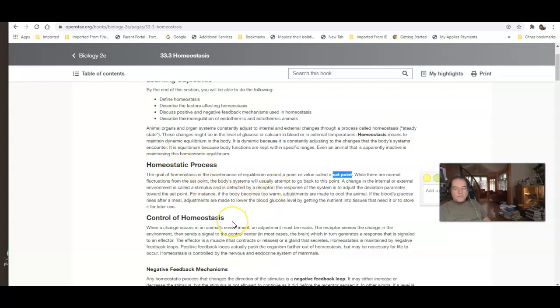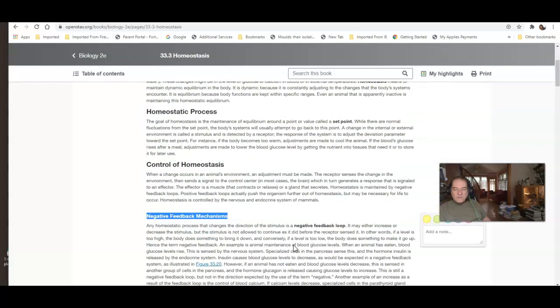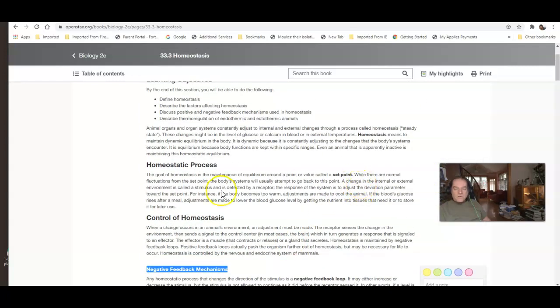So homeostasis is regulated by negative feedback mechanisms. The classic example we'll go to in a second uses food, but when you're talking about body temperature, if your internal temperature starts going up too much, you're going to change some behaviors, or your body is going to do some things that will pull that temperature back down through negative feedback.